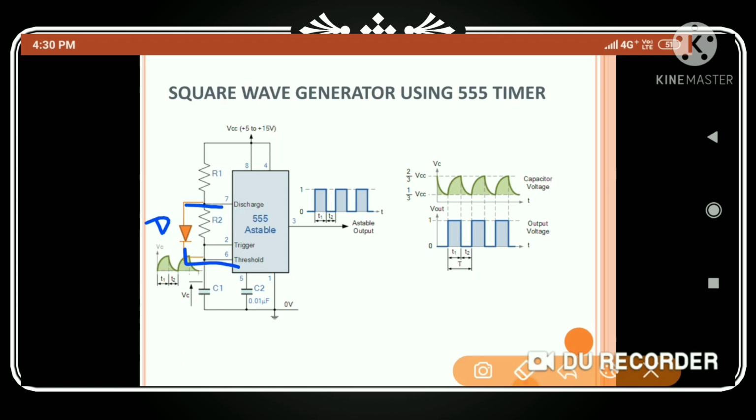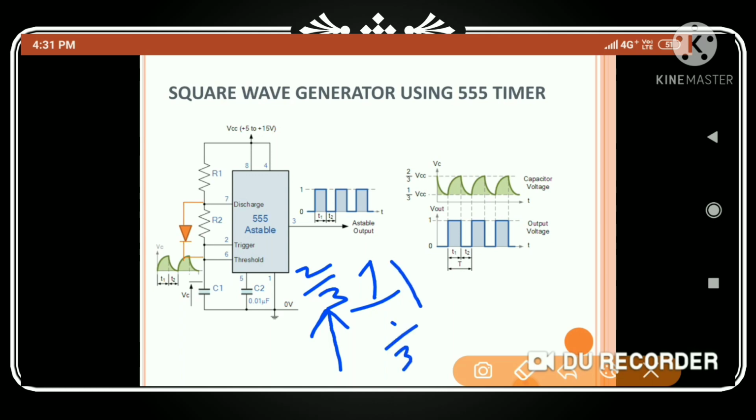Okay, so see, first I will explain. If the output is 1, the capacitor charges up to 2/3, and again it discharges to 1/3, like that. Means the output is 1, which is equal to charging and discharging. 2/3 plus 1/3 gives the value 1.